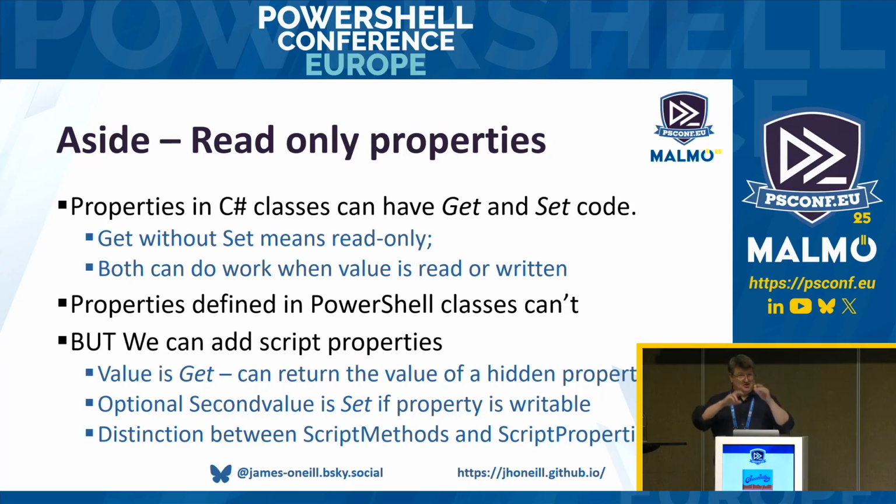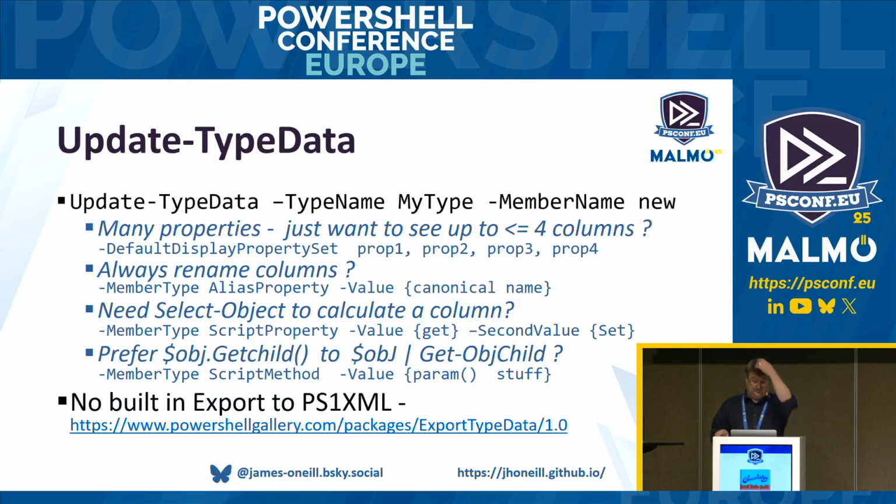Script methods can take parameters. And if you have a script method that doesn't take any parameters, you might want it to be a property. The risk of that is that sometimes the property will go and make an API call to get some data when you didn't really need the property. And so there are occasions where it's better to say, only go and get this if I expressly call the method.